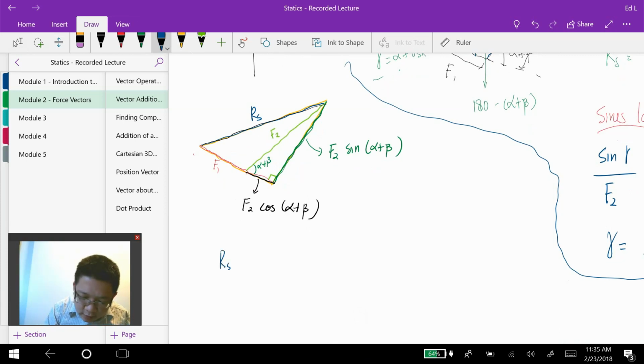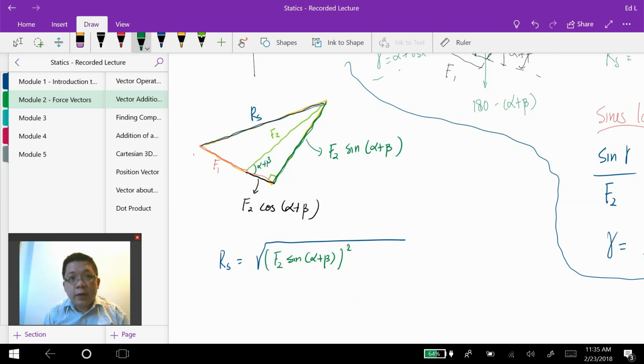So Rs is the square root of the dark green color, F2 sine alpha plus beta, squared, okay?